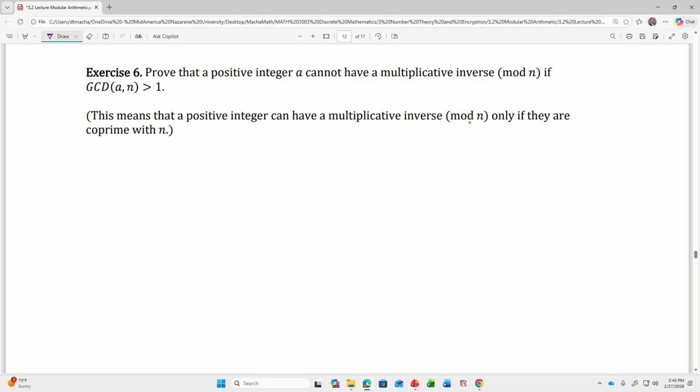So I think we have to ask, suppose a does have an inverse. Let's call it b. What it would look like if a has an inverse is that a times b is congruent to 1 mod n.